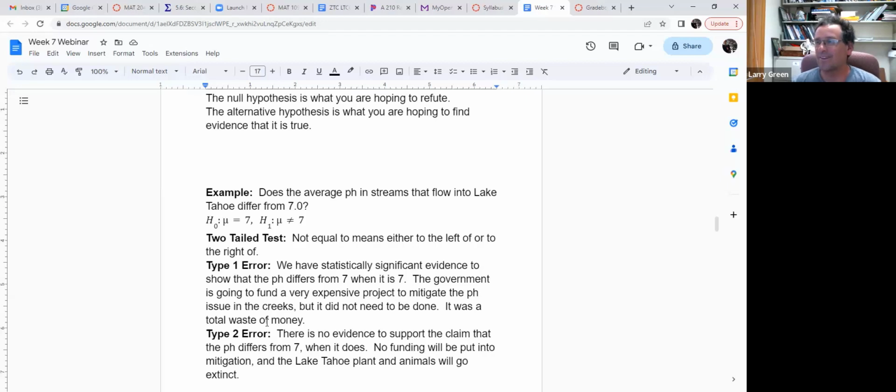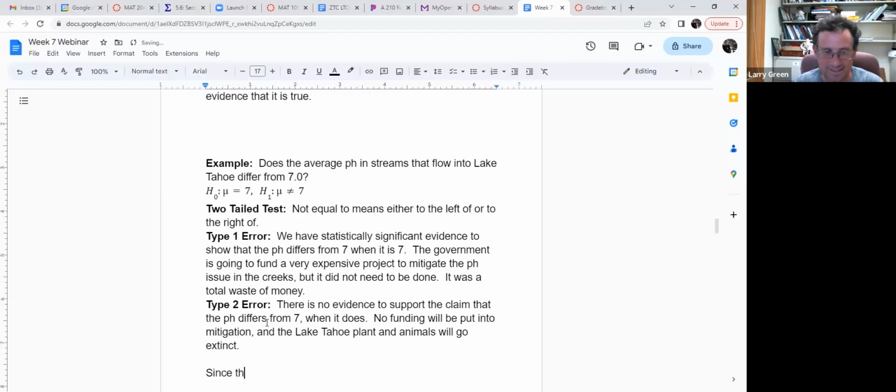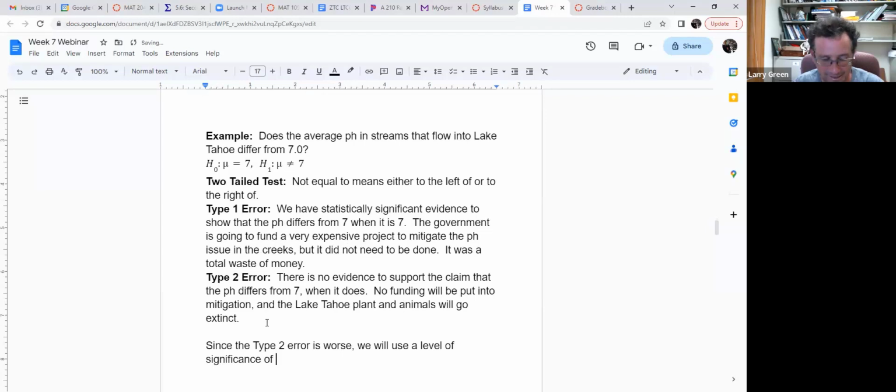Okay, so I saw at least the first person put in type 2 error. We'll go with that. If we think the type 2 error is worse, then we're going to use 10%. Any questions on that?